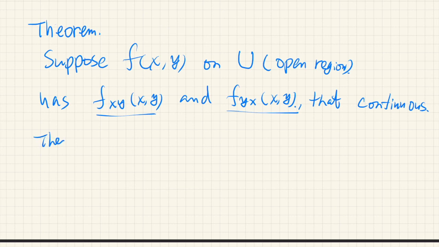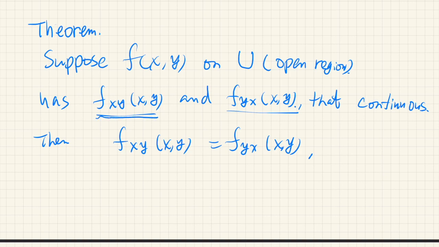Then we have fxy of x and y is equal to fyx of x and y. So if there exist the second derivatives fxy and fyx, and if they are continuous, then we can swap the order of differentiations.